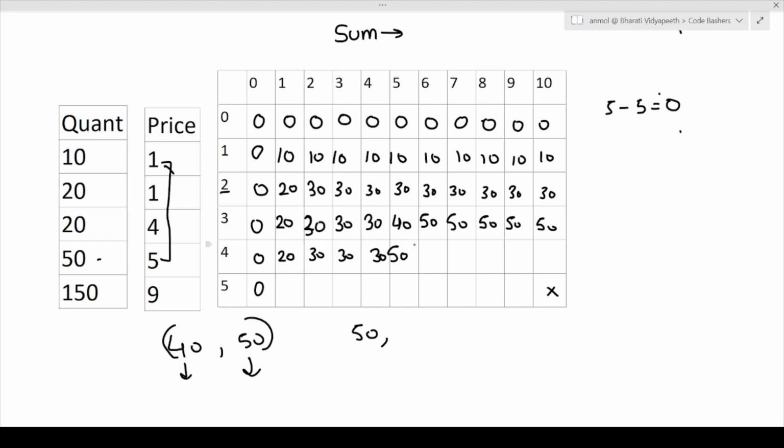and we have bought the current item, that is, with price 5 we have bought. So now the quantity that we have bought of the current item is 50, plus we still have 1 rupee left. 6 minus 5 is the price of the current quantity. We still have 1 rupee left. What we'll do, 6 minus 5, we will move back in this array, and that will come as 1.